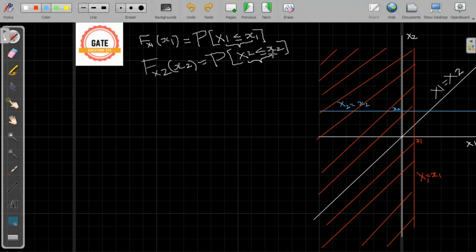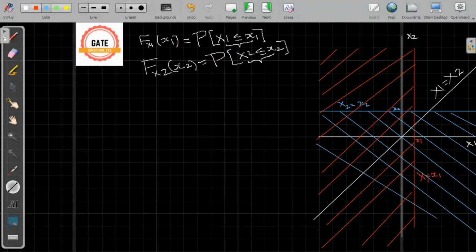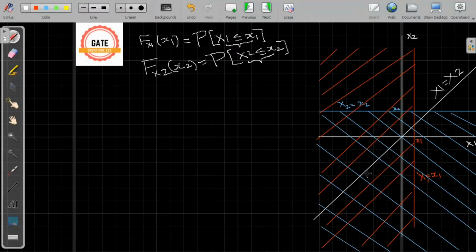The region defined by this equation is the region which I am going to draw now. So this region which I have drawn with blue lines, including this straight line X2 equal to x2, is the region defined by this equation. Random variable X2 can lie anywhere in this region, and the probability that capital X2 lies in this region is the CDF of capital X2.